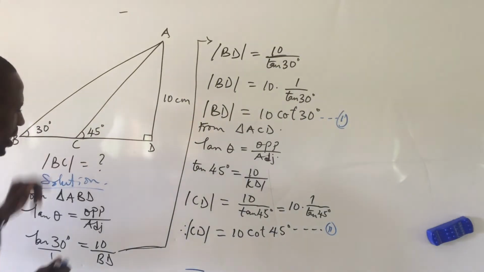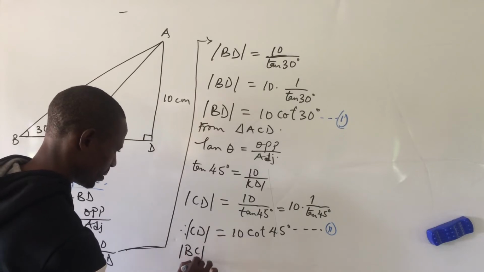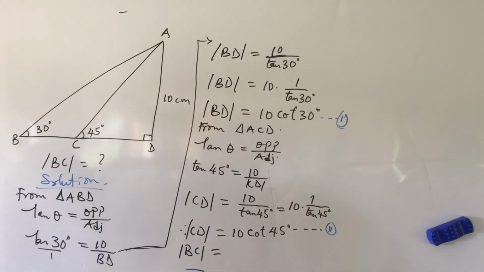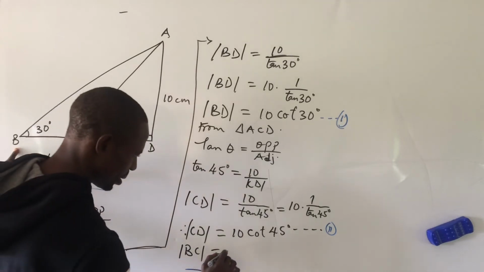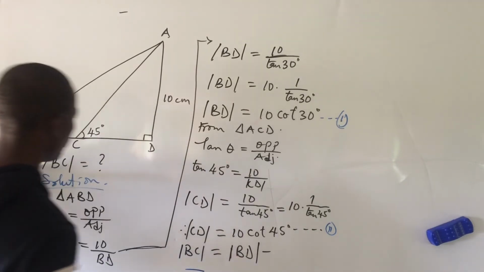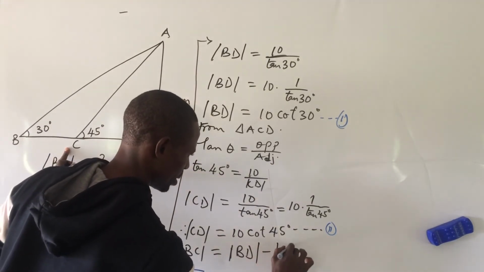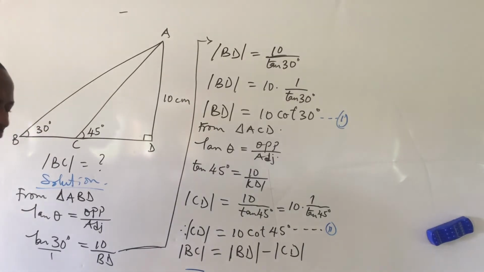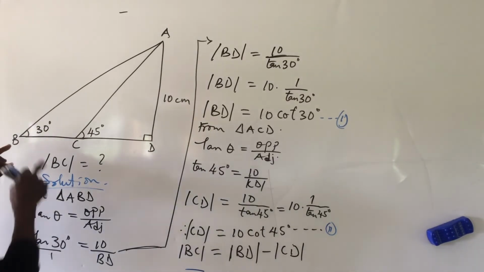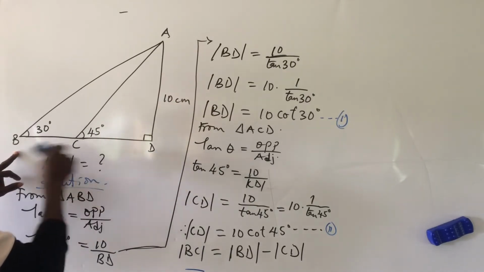Line BC is equal to line BD minus line CD. To get this, we subtract this from the whole of this.